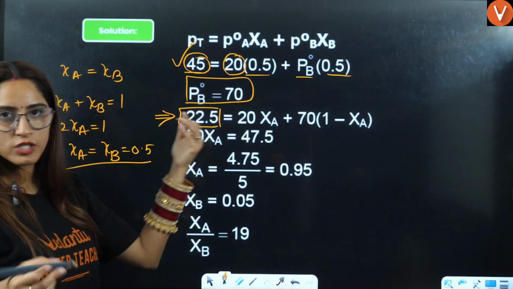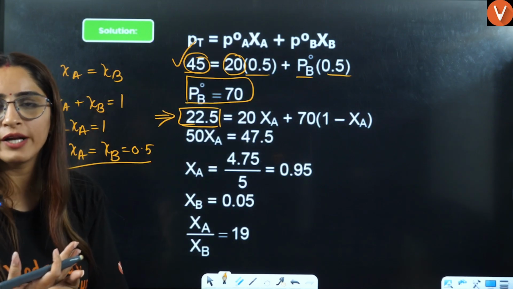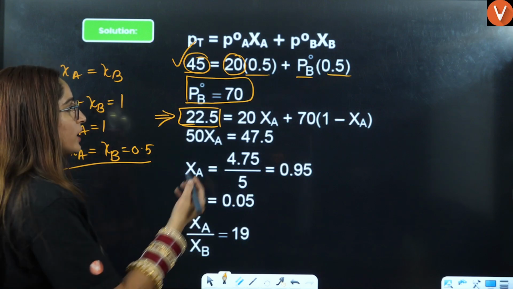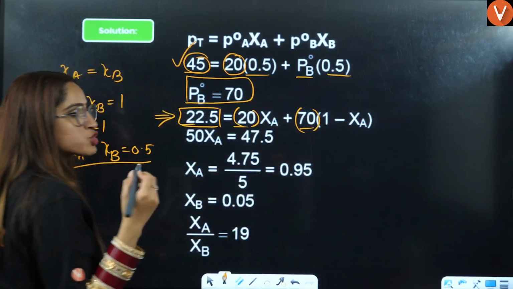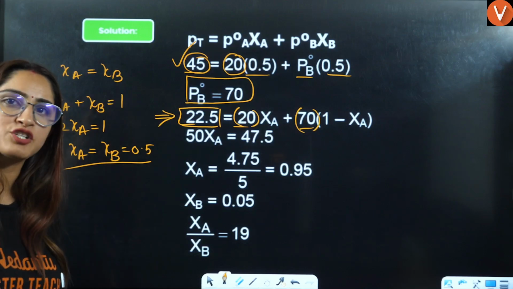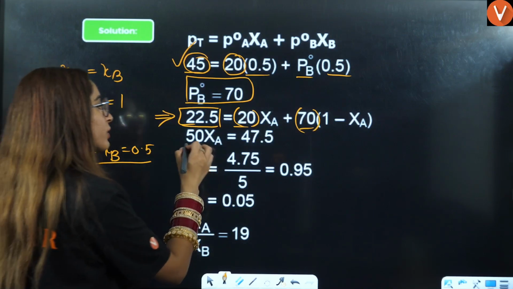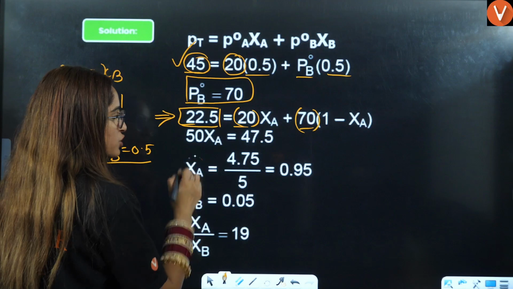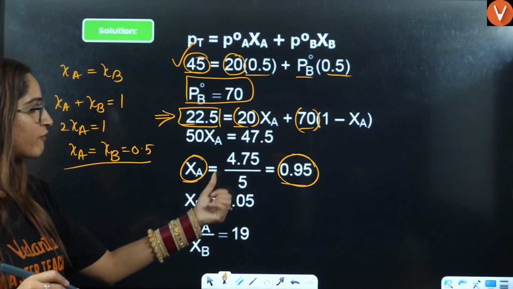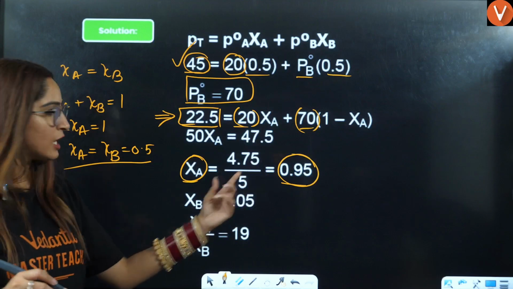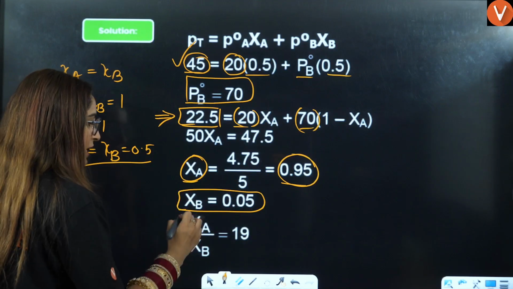Now the pure solvent vapor pressures remain the same, that is 20 here and 70 here. Now you just solve it for either mole fraction of A or mole fraction of B. We have solved the mole fraction of A, coming out to be 0.95. Then subtract it from 1, and you will get the mole fraction of B.